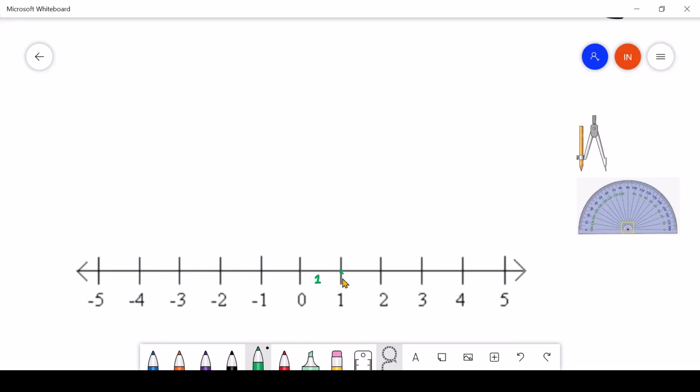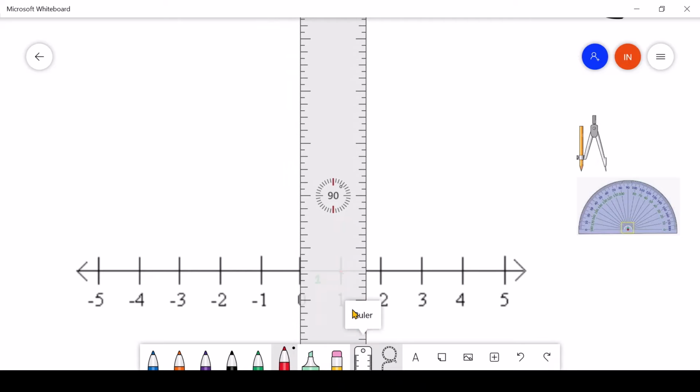Now I'm going to keep my protractor. You can see here this red point over 1. I'm going to keep the red point over 1, so I can understand the 90 degree if we keep it like that, right? That means we are going to take the 90 degree using the protractor at point 1.